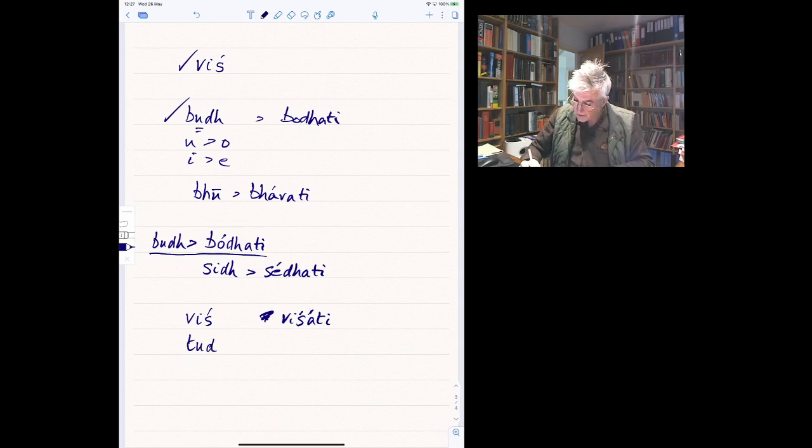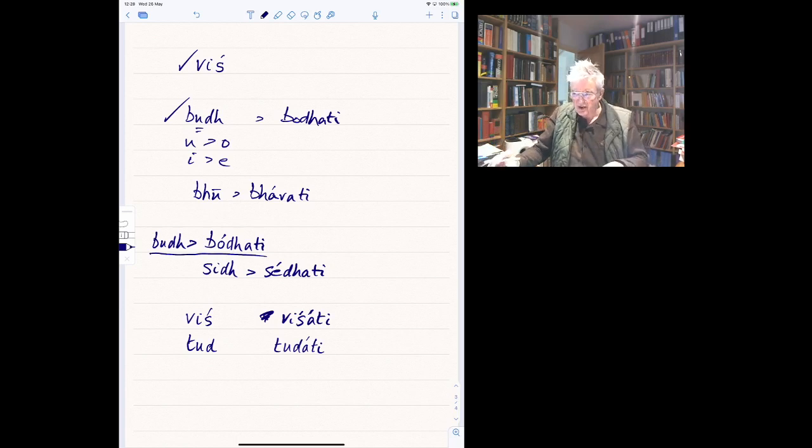Tud becomes, because the stress moves to the ending, tudati. If this were a first-class verb, the tud would likely become todati, as in bodhati, but it's not. It stresses on the end. A sixth-class verb, therefore, tudati. But that is the only distinction between the first class and the sixth class, that the root does not strengthen because the stress is shifted to the end.